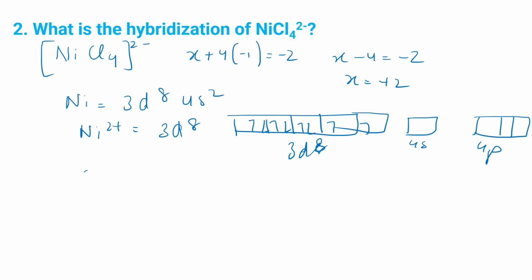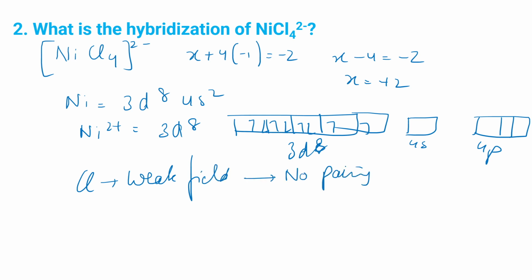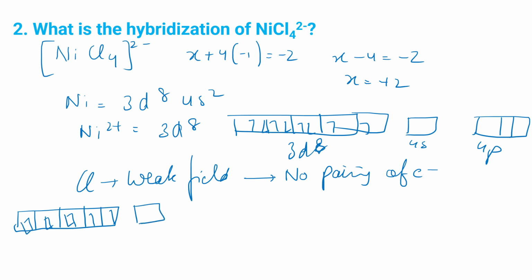Chloride is a weak field ligand. Again, no pairing of electrons, so hybridization will include outer d orbitals. We have 1, 2, 3, 4, 5, 6, 7 and 8 electrons over here. This is s, this is p, and we have outer 4d orbital.